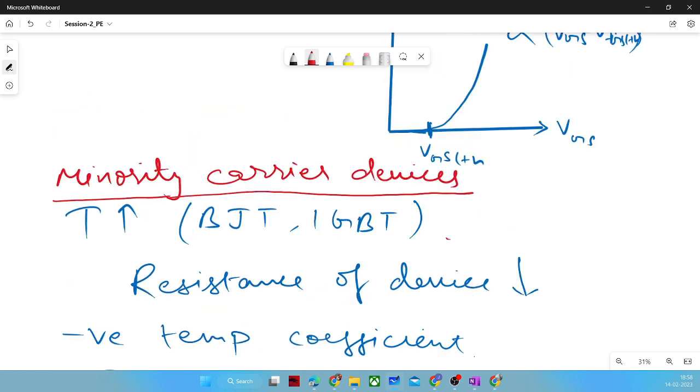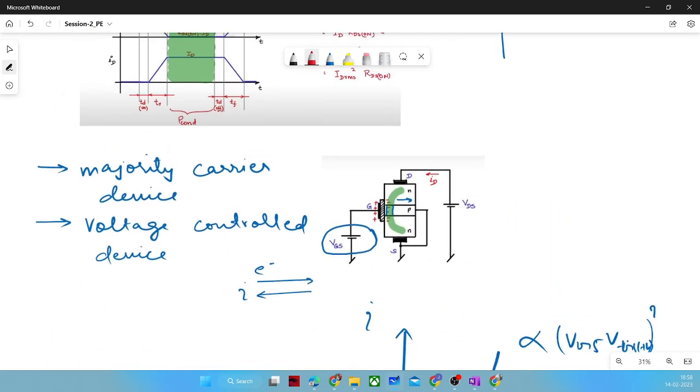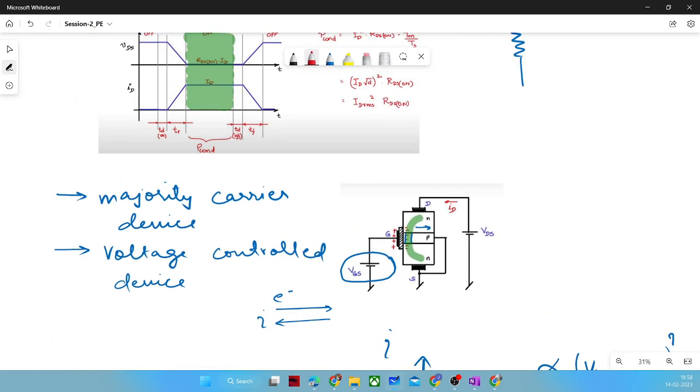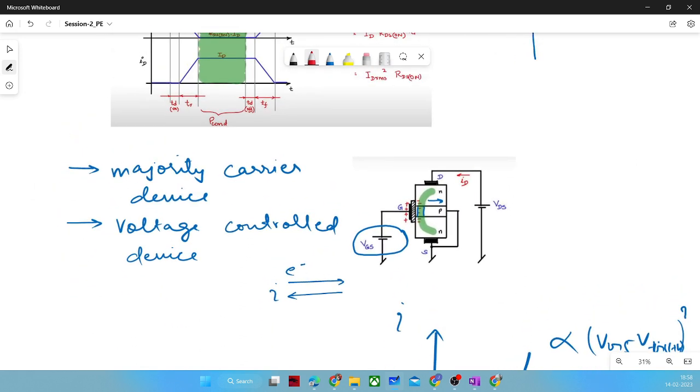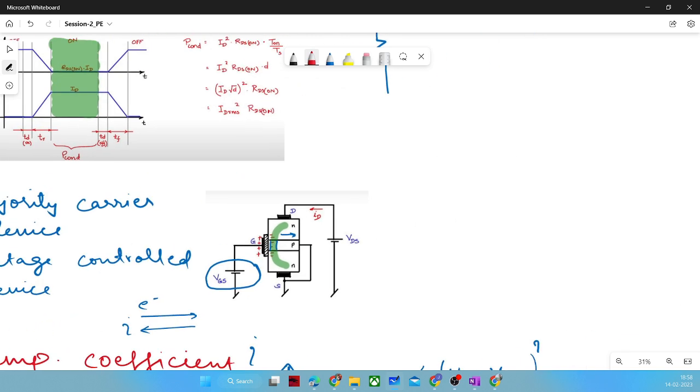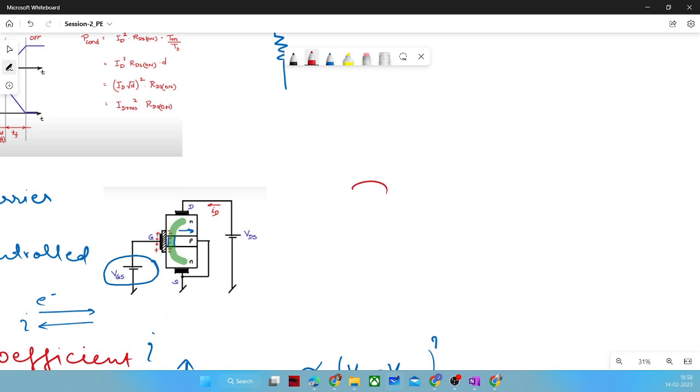In MOSFET, those kind of issues we have compensated, and here it will operate as a positive temperature coefficient, because it is a majority carrier device. Minority carrier devices are negative temperature coefficient devices. Yes, that's what I am trying to conclude here.